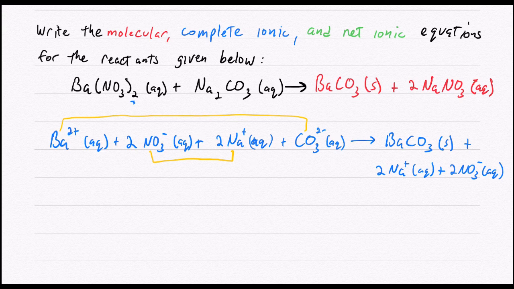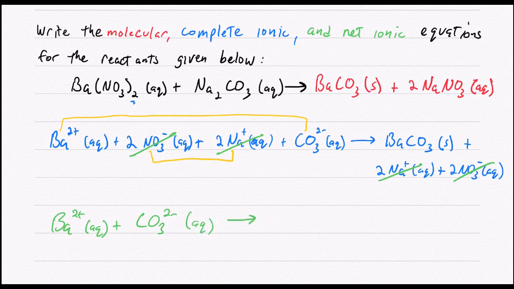When we do that, we see that our sodium plus aqueous cancel out and our 2 nitrate ions cancel out. And what that leaves us with is a barium 2 plus ion plus carbonate 2 minus ion, also aqueous, forming barium carbonate solid.